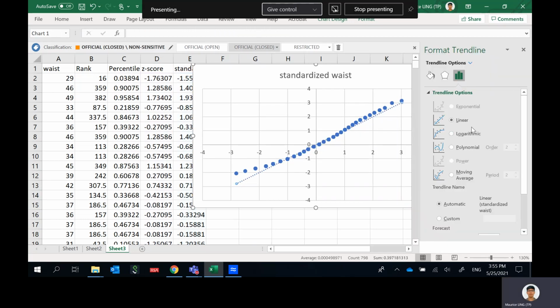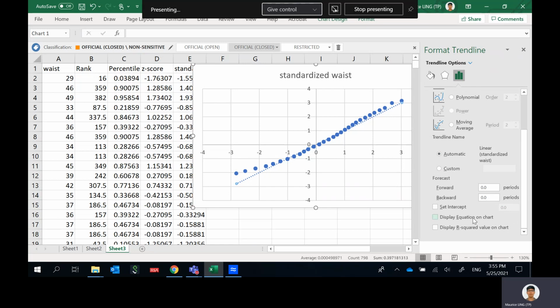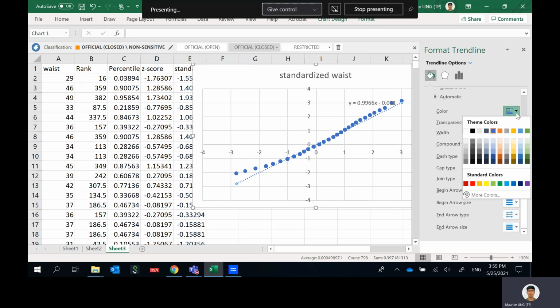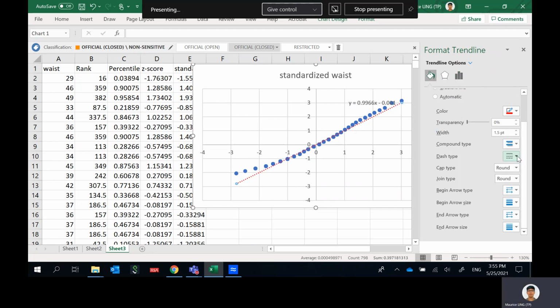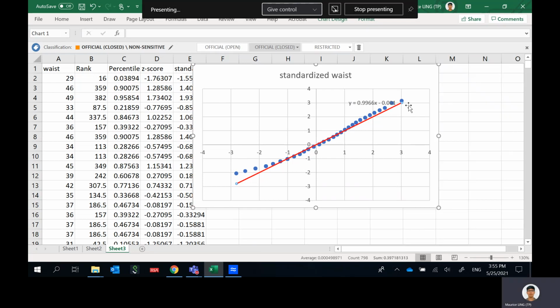You add a linear trend line because that's y equals mx plus c, and you show the equation on the chart itself. And you see that the gradient is 0.9966. So it is nearly equal to 1. Okay, so it fulfills both criteria.